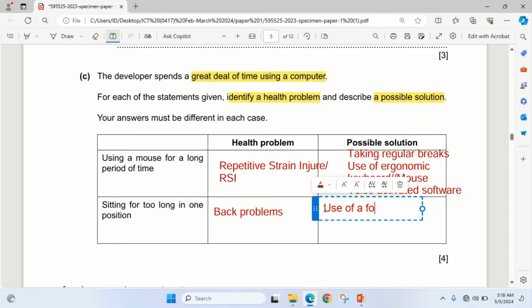You can also take care of that by taking regular breaks. You can also minimize that by using an ergonomic or adjustable chair, and so on. So there are other points you can use there.